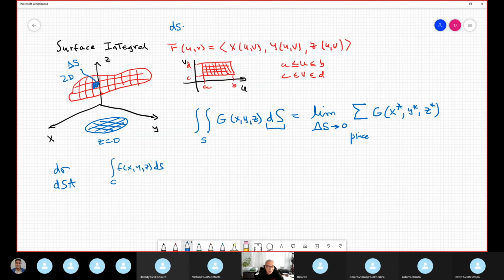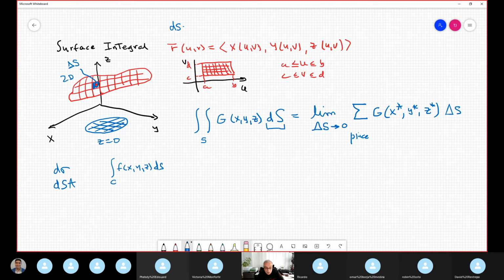You select inside a totally arbitrary point, and this is the star point, multiplied by the delta S. G is the function you are integrating.